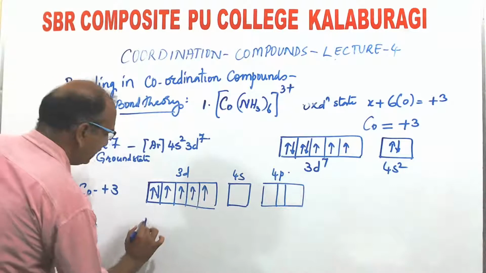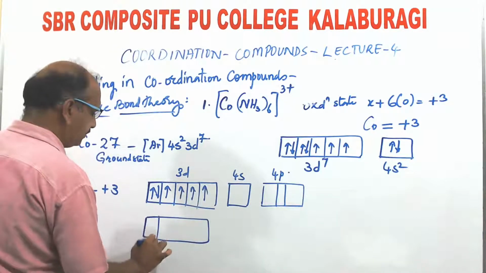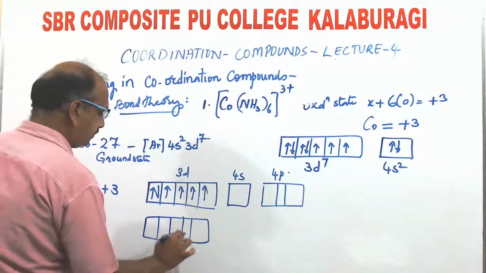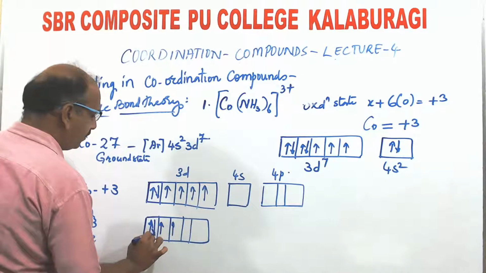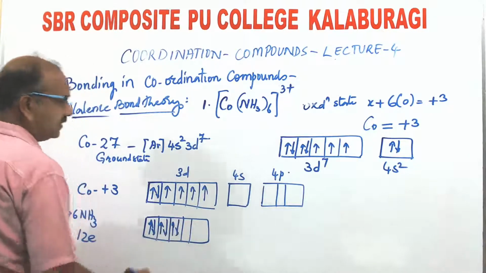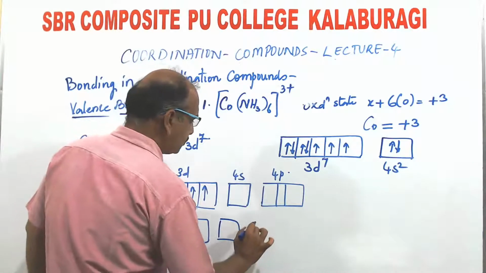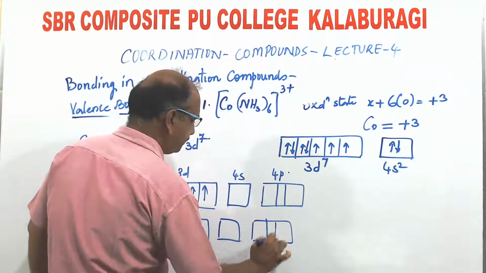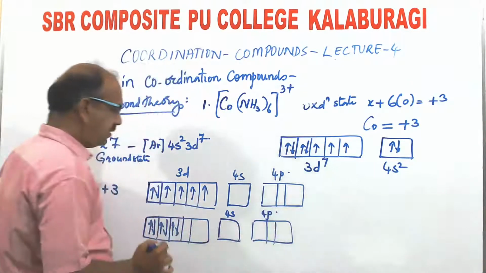Simultaneously there is hybridization. So 1, 2, 3, 4, 5, 6, then you have the 4s level and also the 4p level.